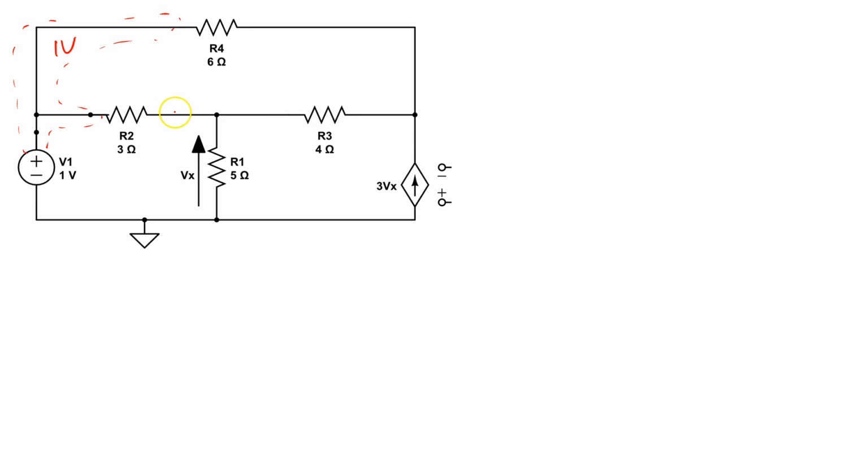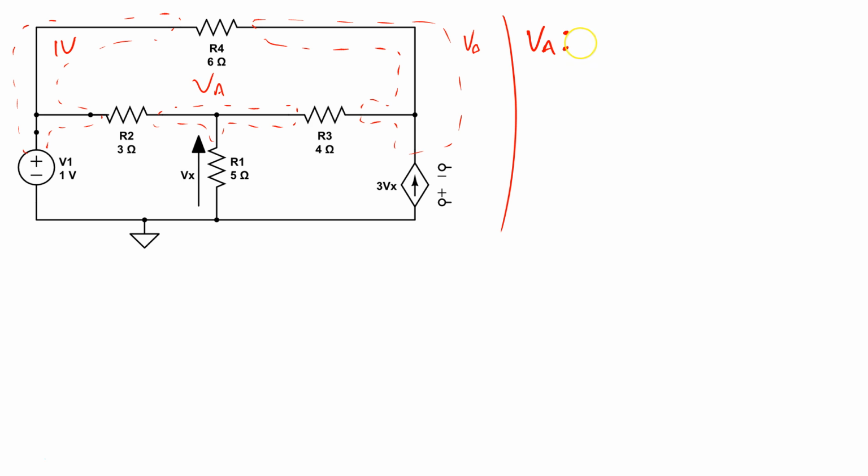And then we have VA, and we have another node here, VB. So I could start right away writing my nodal equation for VA.